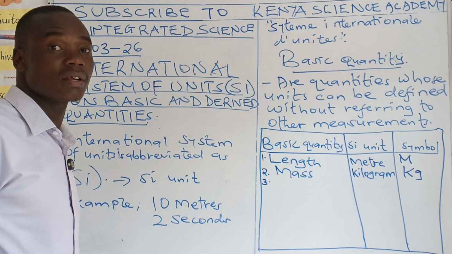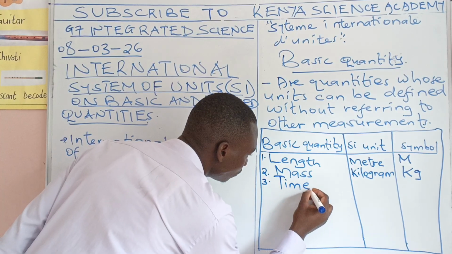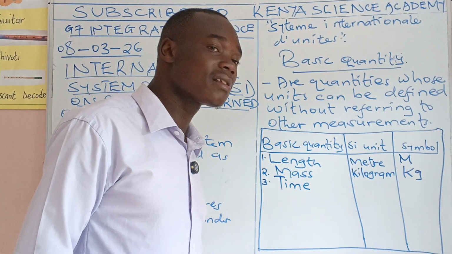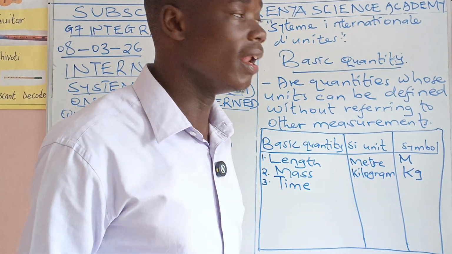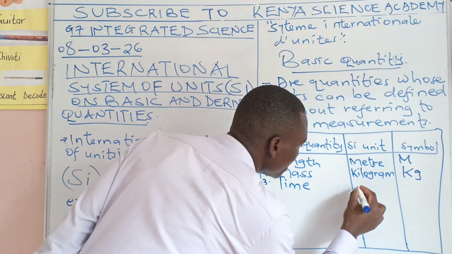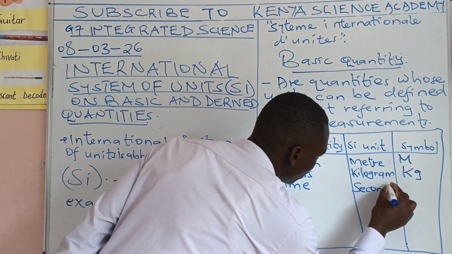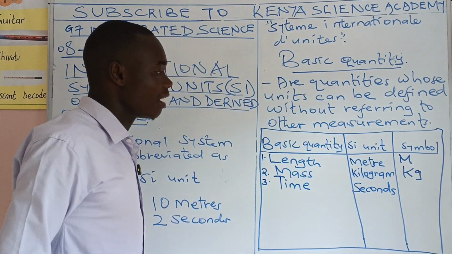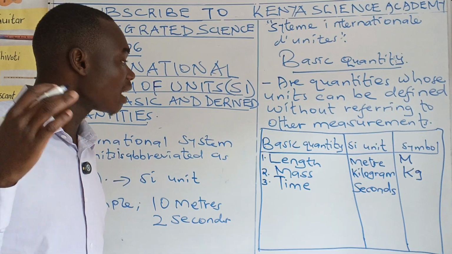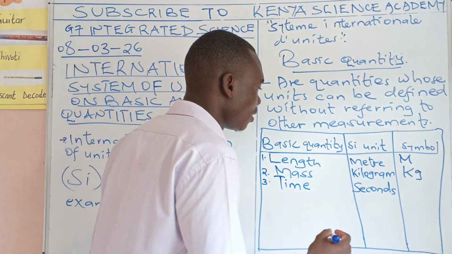And then we move to the third one. Let's talk about time. Time is also a basic quantity. Mass is a basic quantity. Length is a basic quantity. Time is measured in seconds. I know you know that time is in hours, but I want you to stick to the SI unit, seconds.